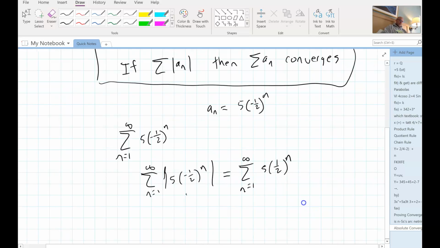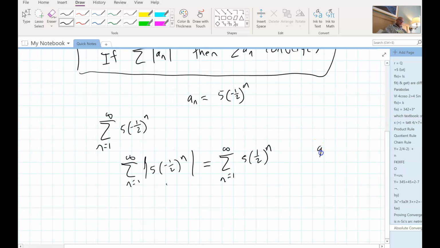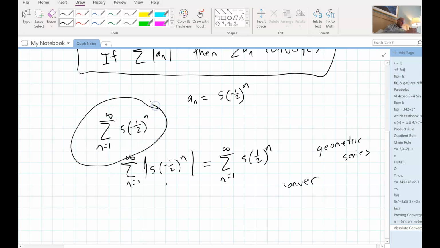And this we know is a geometric series. So I'm still using the geometric series test, but showing that it works on negative ratios just like it does on positive ratios. So because we know this converges, we would say that the original one converges absolutely.